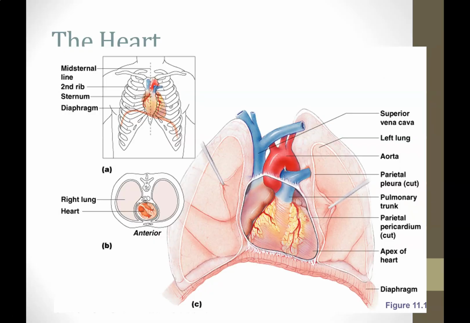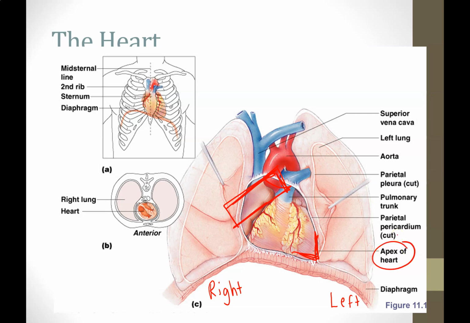So there's your heart, and remember that if this person is looking at you, this is their left side, and this is their right side. I know that seems silly since it's obviously opposite when you're looking at it, but there's your base up there, and there's your apex right there. So you can see it's labeled.